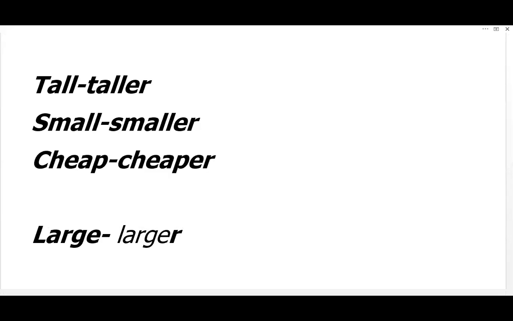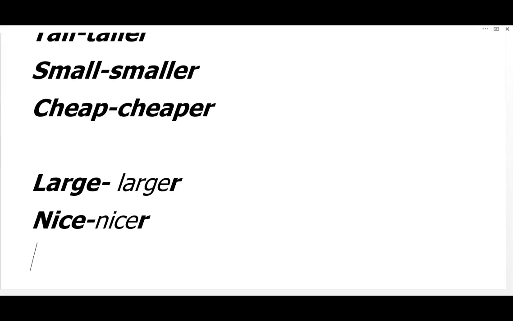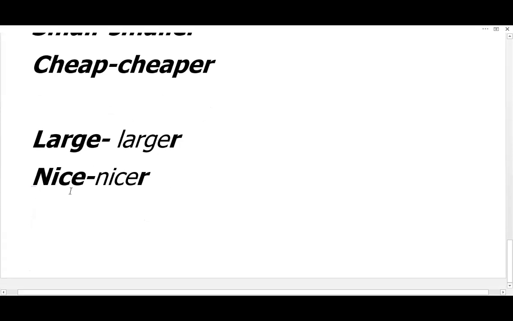There is another example in there, right? We were talking about nice and late, for example. So I'm going to write nice. And when you say más bonito, you say nicer, nicer. Okay? And this is the form that you have.